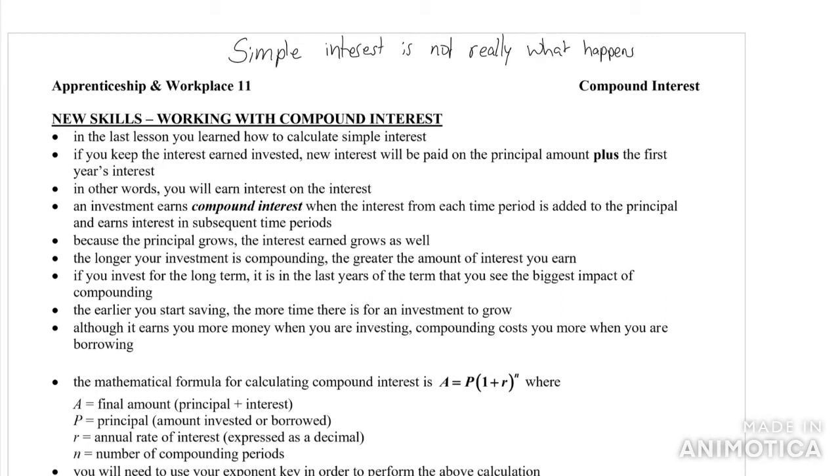The reason being is, say you have $10 in your account, and at the end of the year, they pay you $1. They're not going to cut you a check for $1 and send it to your house. What they're going to do is they're going to put the $1 into your account.